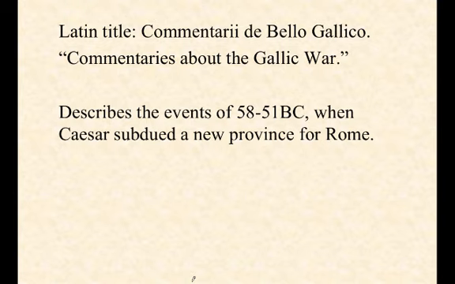So he wrote these in little dispatches that he would send back to Rome, and after everything was over and he was the dictator in Rome, he then edited it into what we have today. So it is political propaganda. In this book, he is basically telling you how awesome Julius Caesar is. That's really the point of this book.